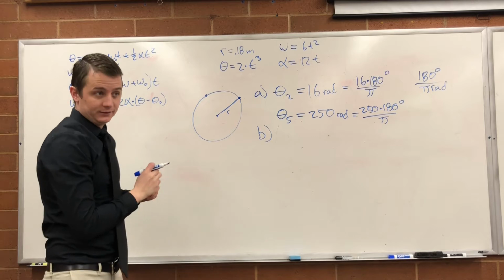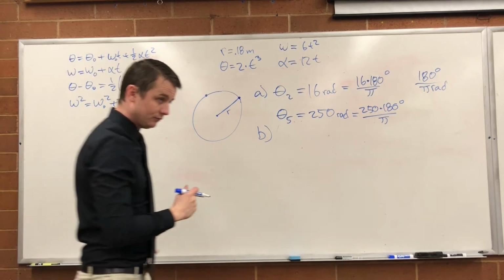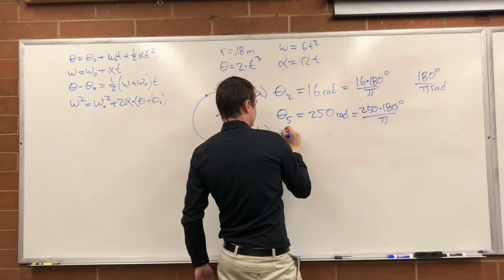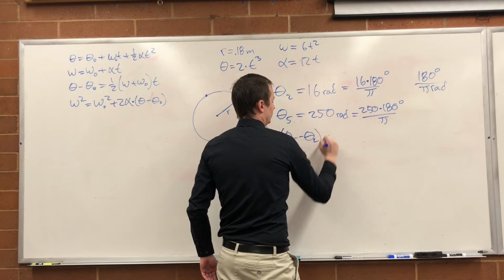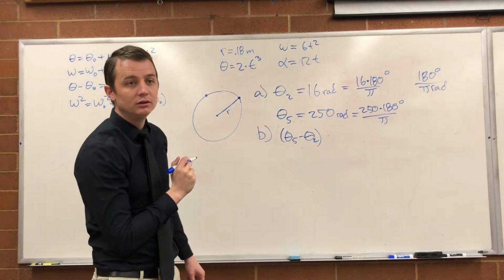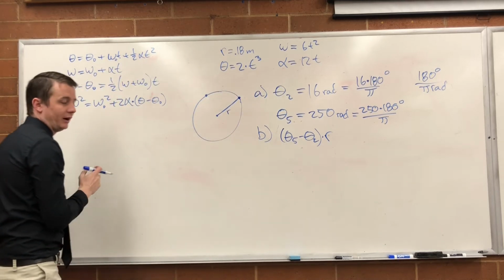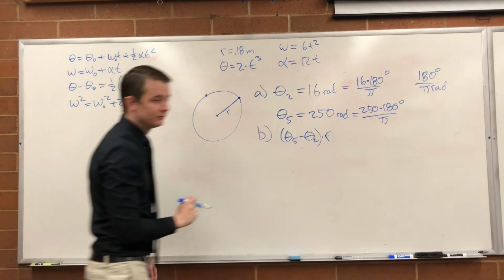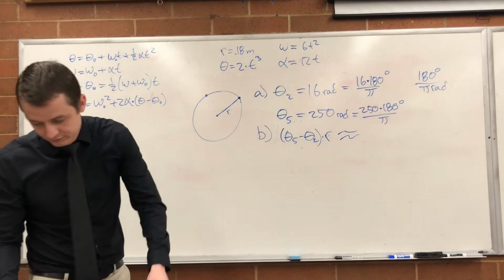So how do we get that? We're just finding the displacement of theta and then multiplying by r. We take theta at 5 minus theta at 2. That gives me my angular displacement. And we multiply by r. And that gives me my linear displacement. That will come out to whatever it comes out to, but you know how to get the number.